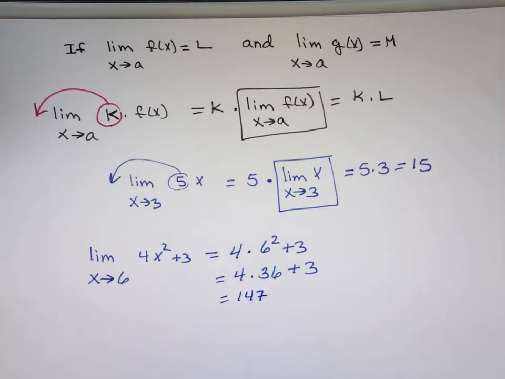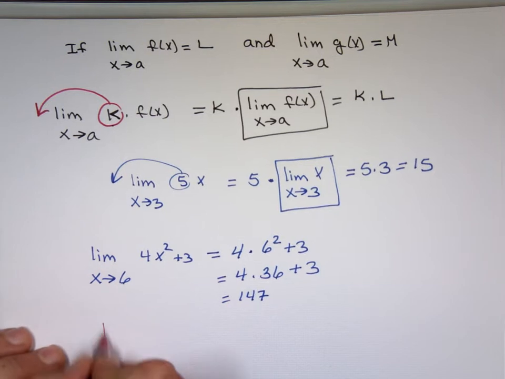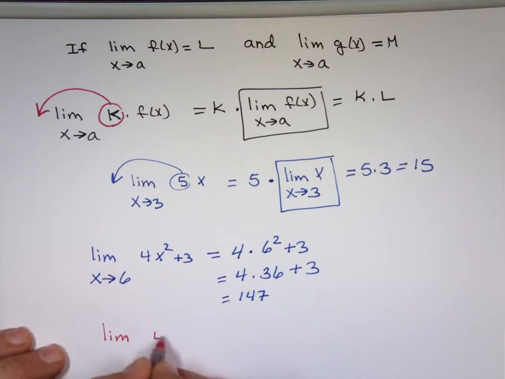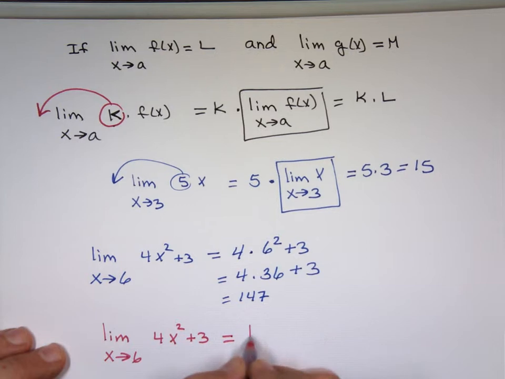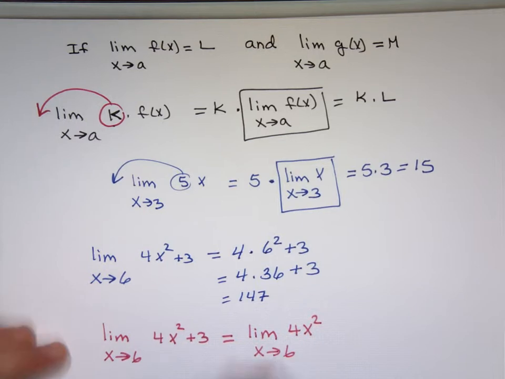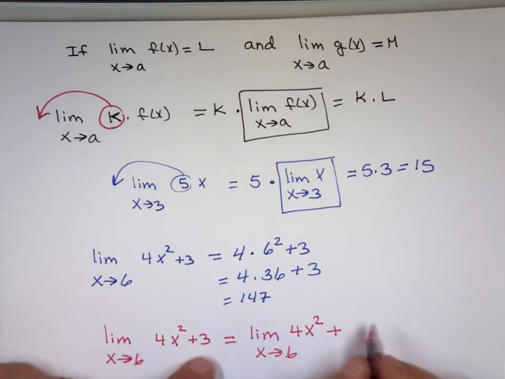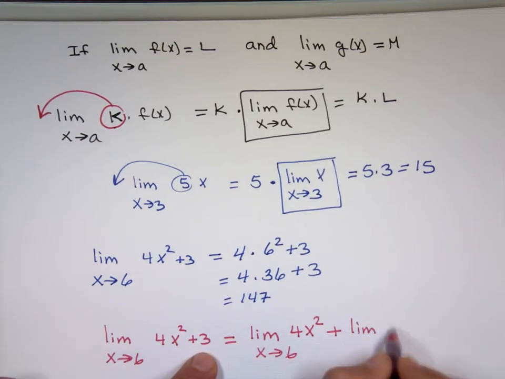What our book is saying, if you want to, and again, as I said, nobody in their right mind will do that, but if you want to, you can take that problem and break it down, because you have addition. See the addition? You can break it down into 2 limits. The first one, 4x squared as x approaches 6. Since you have a plus, add to it the limit of 3 as x approaches 6.